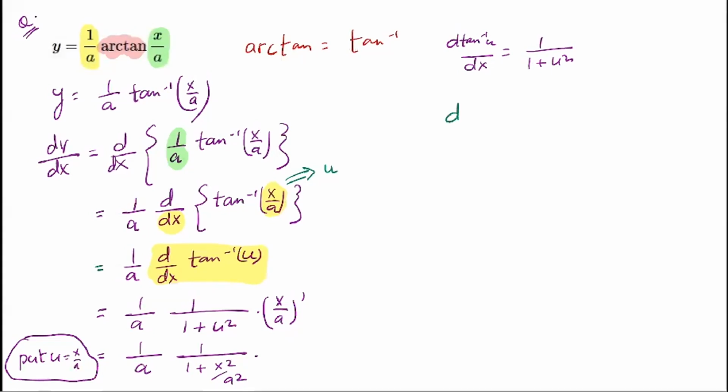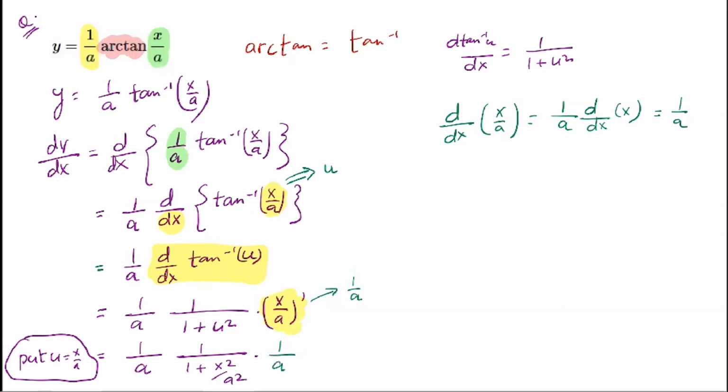It is going to be 1 over a, because a is a constant, and d over dx of x is 1. So that is something interesting: basically we have another 1 over a over here.